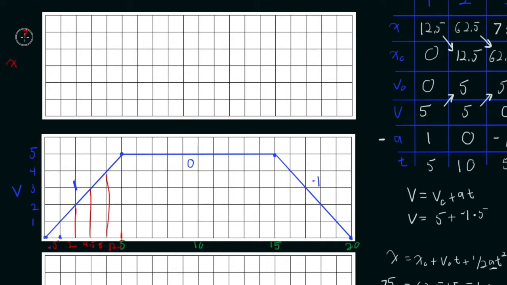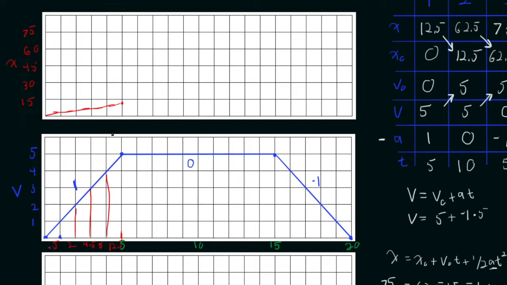So let's set 75 here, and then we'll go up by 15s: 15, 30, 45, 60. After that first 5 seconds, we're going to be about 12.5. So we have not gone very far, but we are going to be sloping up to that.